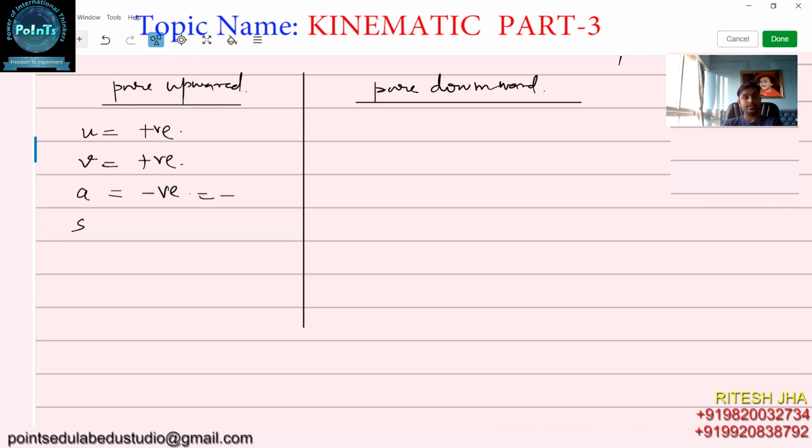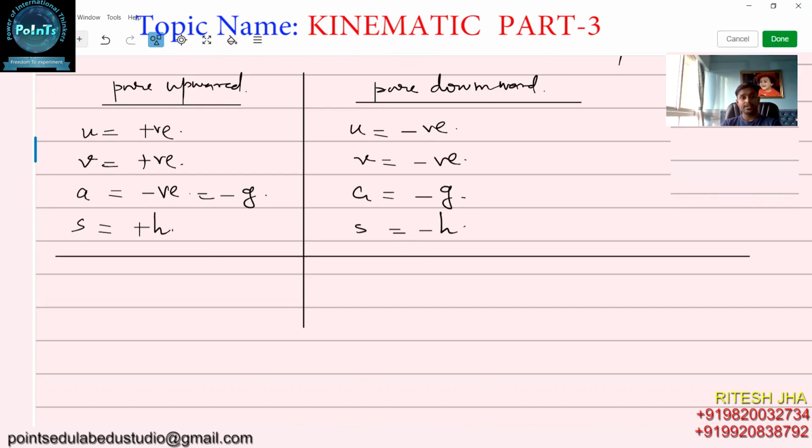Yes, it is negative g. S is H, so plus H, positive. When I'm considering the pure downward motion, U will be negative, V will be negative, A will be negative, and S is also negative, negative H.